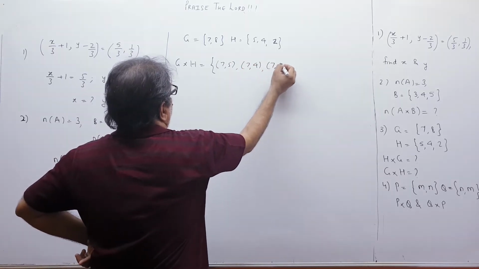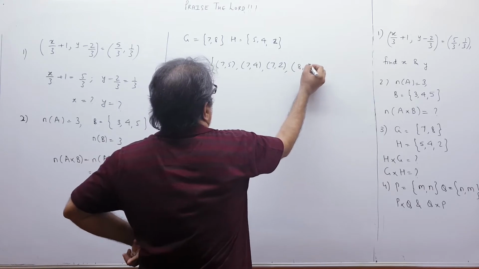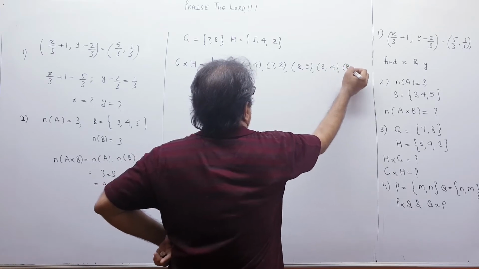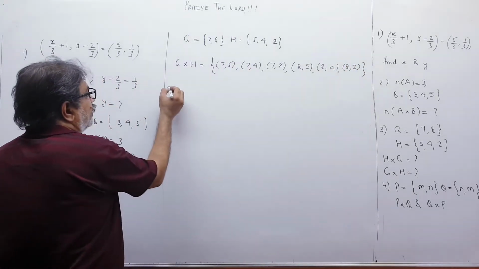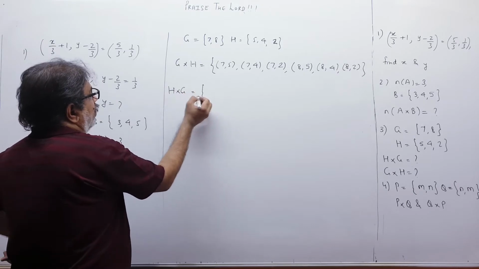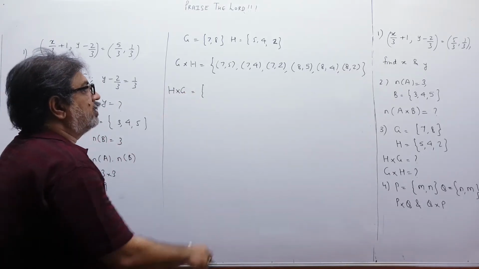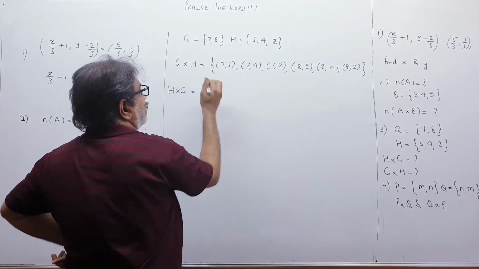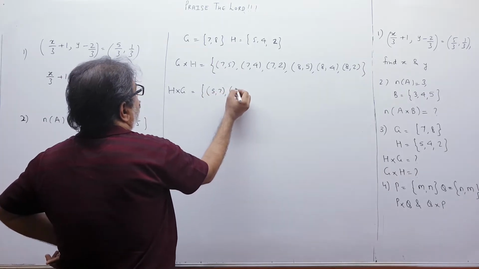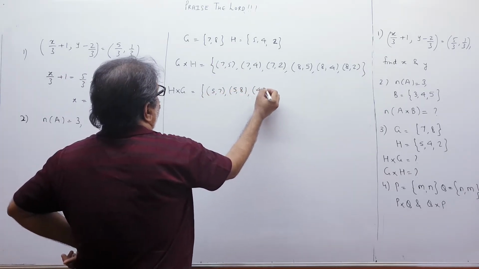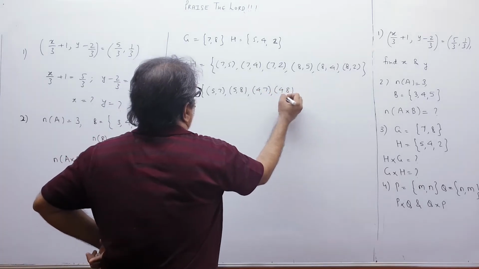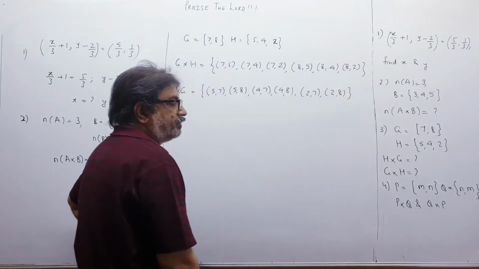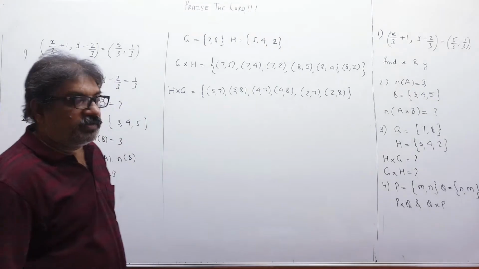If I talk of H cross G, the first element has to come from H, then from G. So (5, 7), (5, 8), (4, 7), (4, 8), (2, 7), (2, 8). That's it. So what is H cross G and what is G cross H?